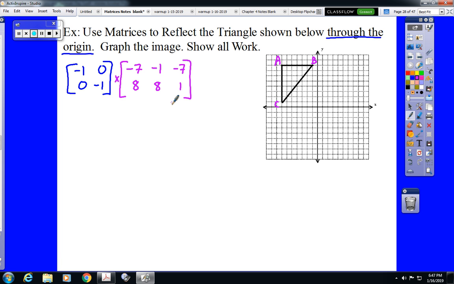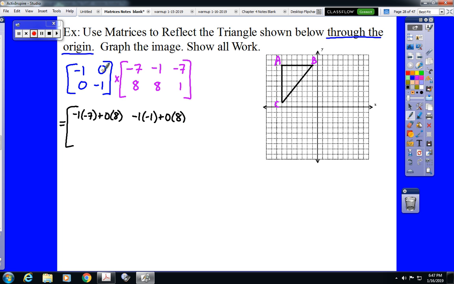And we're going to carry out matrix multiplication here, which is where we take row 1 and we multiply each column. Then we take row 2 times each column. So that work would look something like -1 times -7 plus 0 times 8, which is row 1 times column 1. Then row 1 times column 2, which would be -1 times -1 plus 0 times 8.